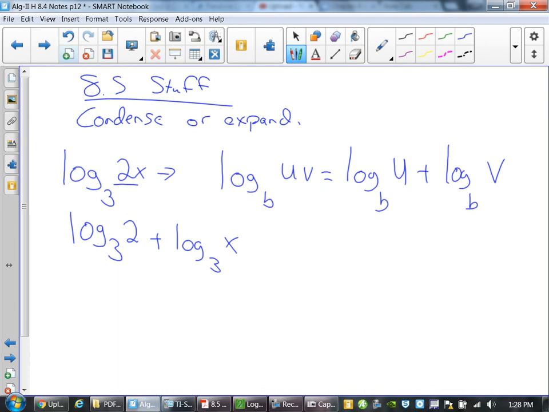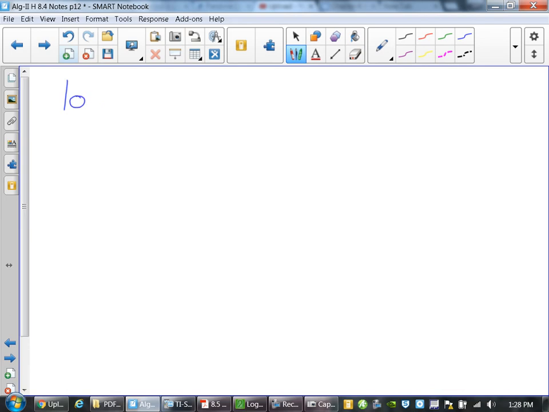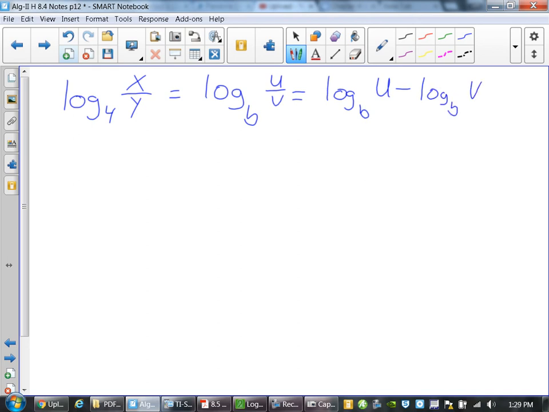The other property we talked about is division. So if I have log base 4 of x over y, well, that looks like this. I just subtract them. Take the log of the top, subtract the log of the bottom.